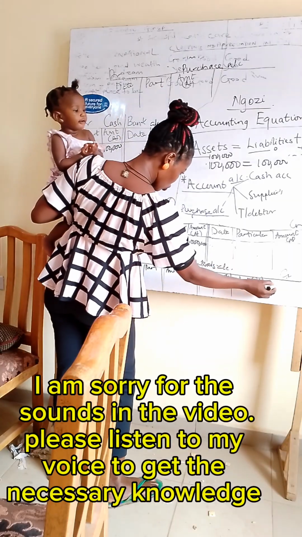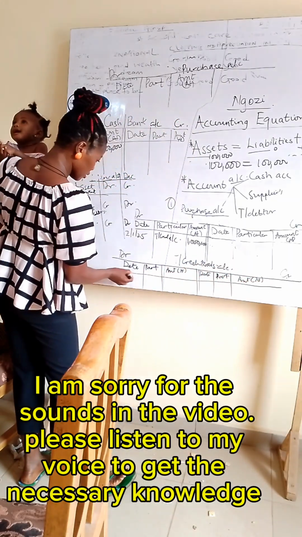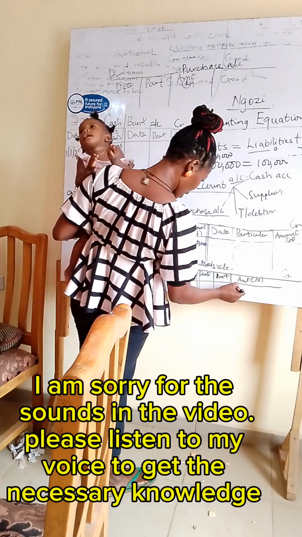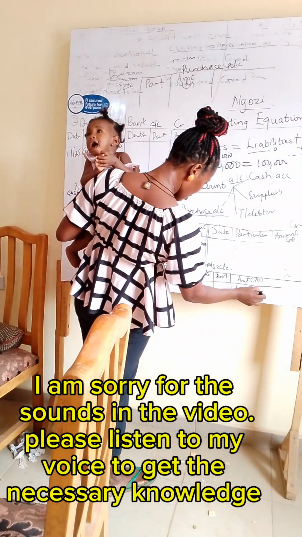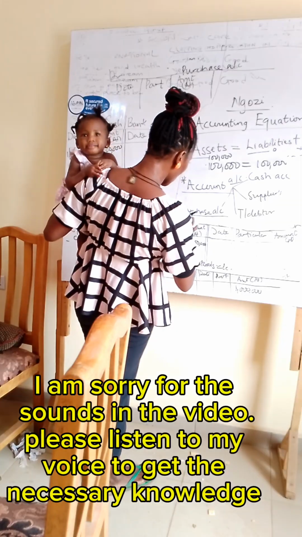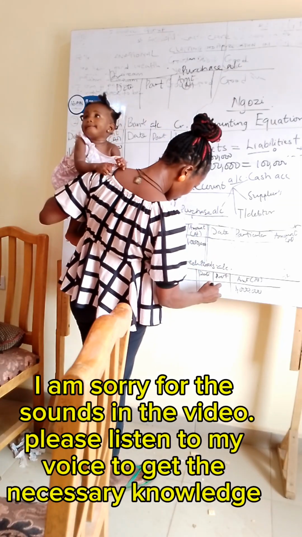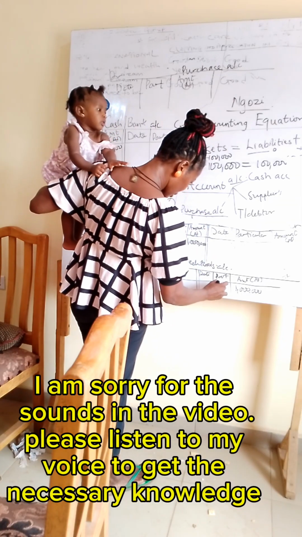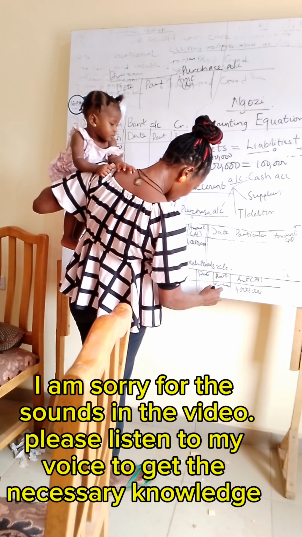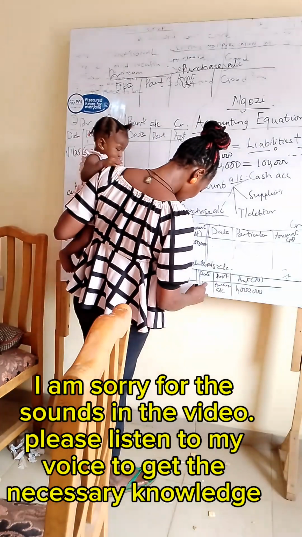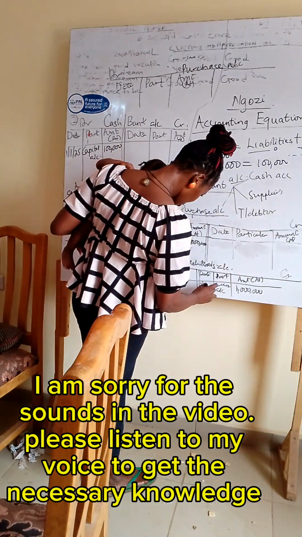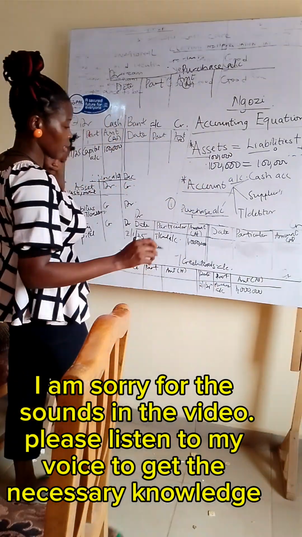The amount was 1 million. We have 1 million here. The purchase account, as I explained. The date is the same day, the 2nd. So the transaction happens on the same day.